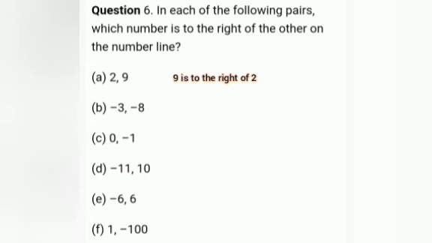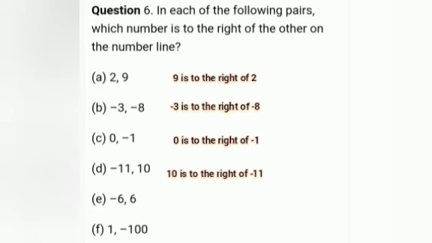Again -3 and -8, the greater number is -3, so -3 is to the right of -8. 0 is to the right of -1. 10 is to the right of -11. 6 is to the right of -6. And 1 is to the right of 100.